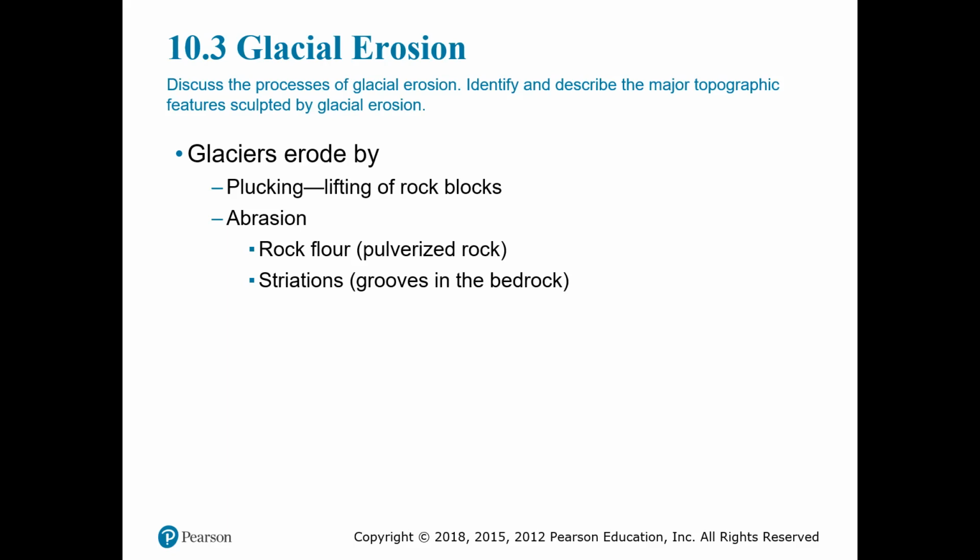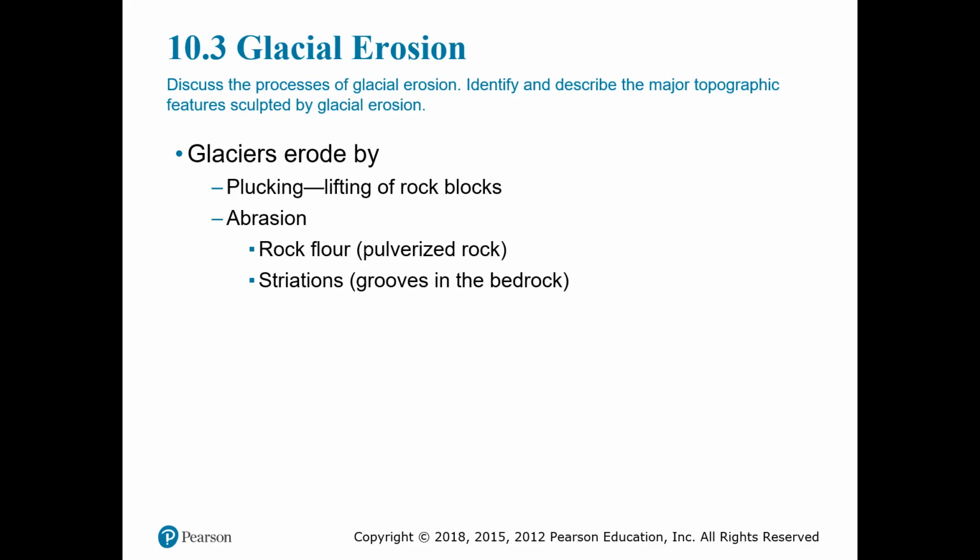The second process we see is abrasion. The ice and rock fragments essentially act like sandpaper as they move over the bedrock floor. And so they're smoothing and polishing the surface below. We get rock flour, which is the pulverized rock.